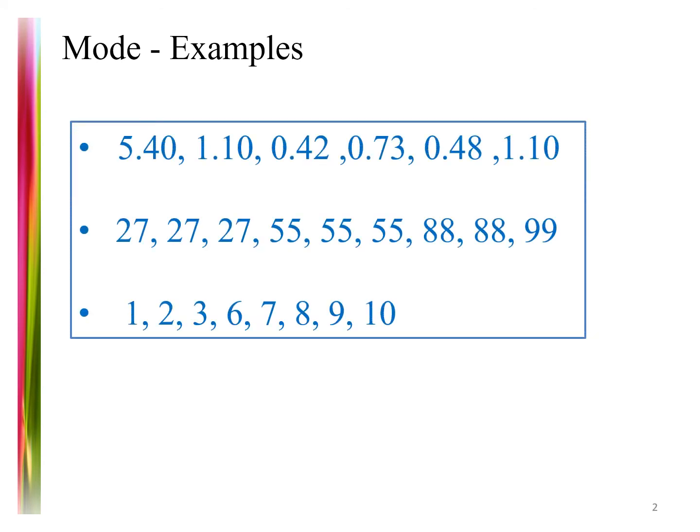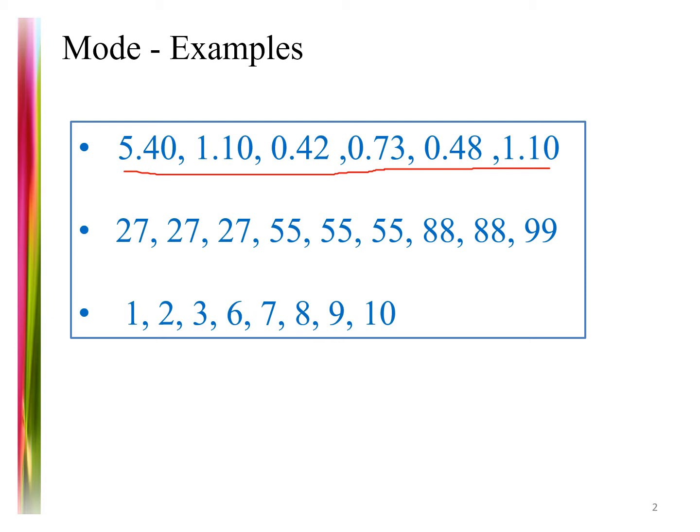Alright, so these are just more examples. We have 3 examples in this slide. In the first example, we have the observations 5.40, 1.10, 0.42, 0.70, 0.48, 1.10. You already know that the mode means maximum frequency.